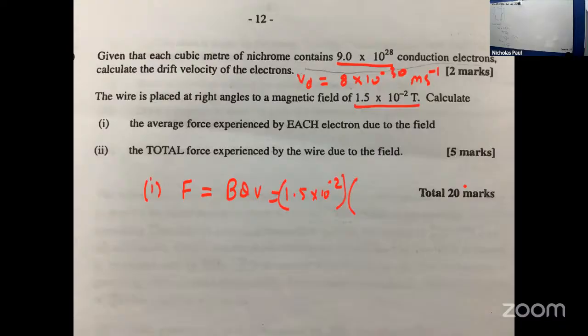So the charge of an electron is 1.6 times 10 to the negative 19. And what's the velocity it's moving with? 8 times 10 to the minus 30. How is that the velocity? That's the drift velocity, the average velocity of all the electrons.